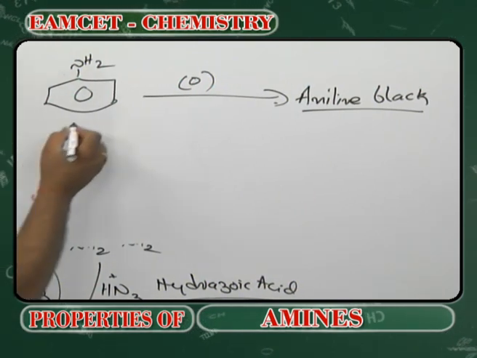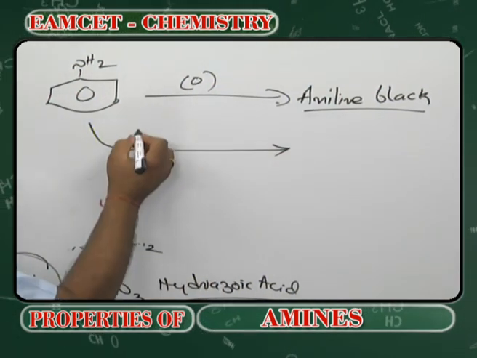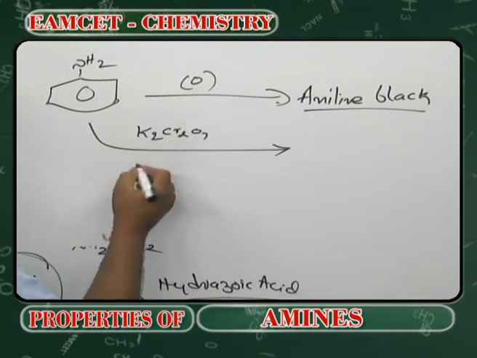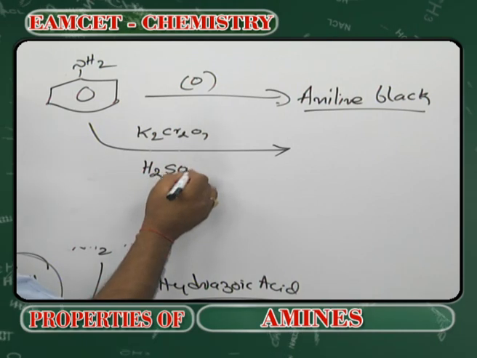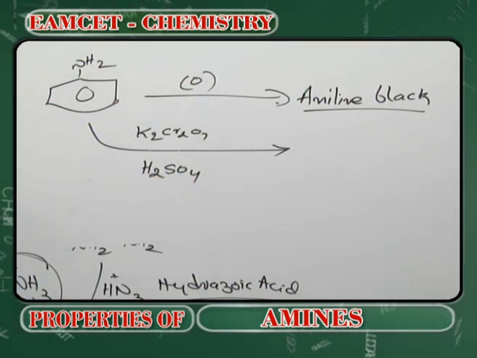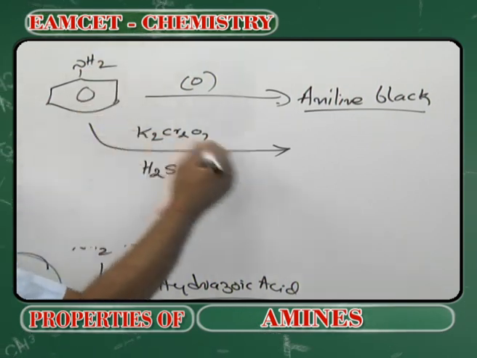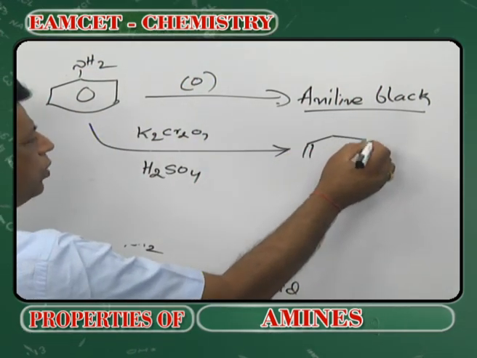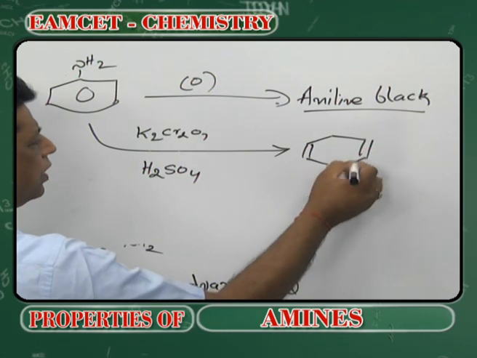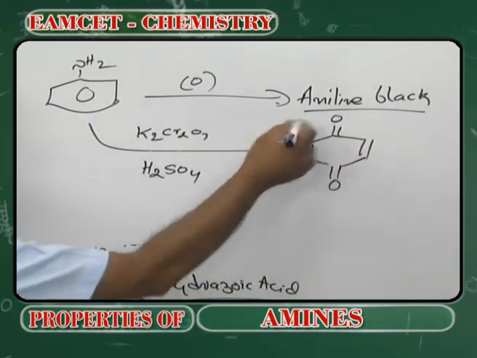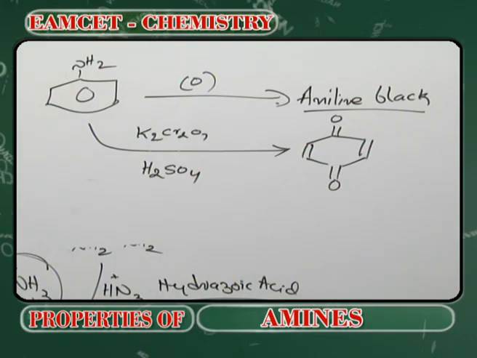But with careful oxidation, K2Cr2O7 in presence of very dilute sulfuric acid, dilute dichromate should be taken, then the oxidation takes place and you will get para-benzoquinone. Ortho you also get, but it is a minor product, the major one is para-benzoquinone.